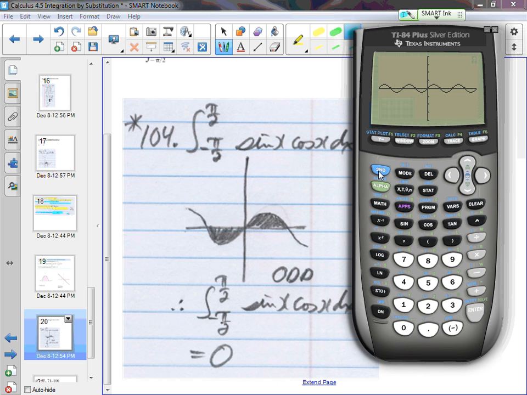All right, so if I do second calc, and I choose the integral, the lower limit is negative pi over 2. The upper limit is pi over 2. Then we get 0, just like we knew we would.